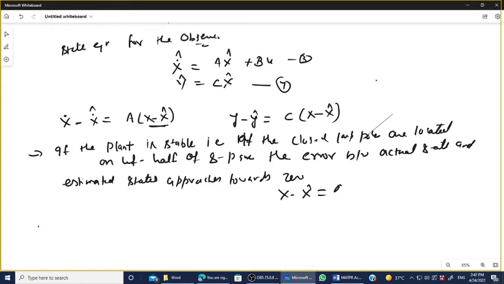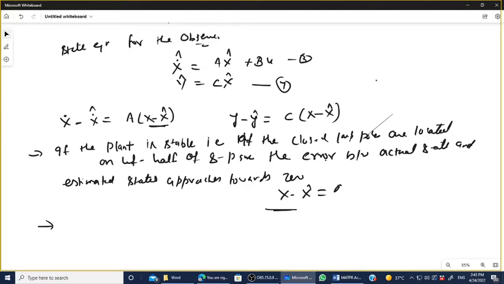Now, does it also depend on the speed of convergence? The speed of convergence of error, this means x minus x cap, to 0 is the same as the transient response of the plant. If your transient response is faster, then you will not be able to observe the state well, and your state observer will not perform well.